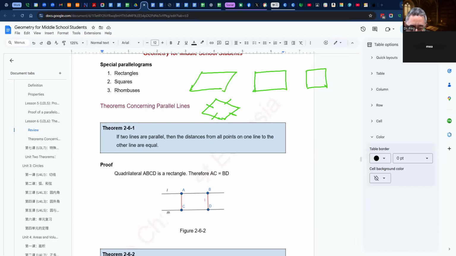So you can see this one is a special case of a parallelogram, and this one is a special case of a parallelogram, and the square is a special case of a rectangle. It's also a special case of a rhombus. Good?